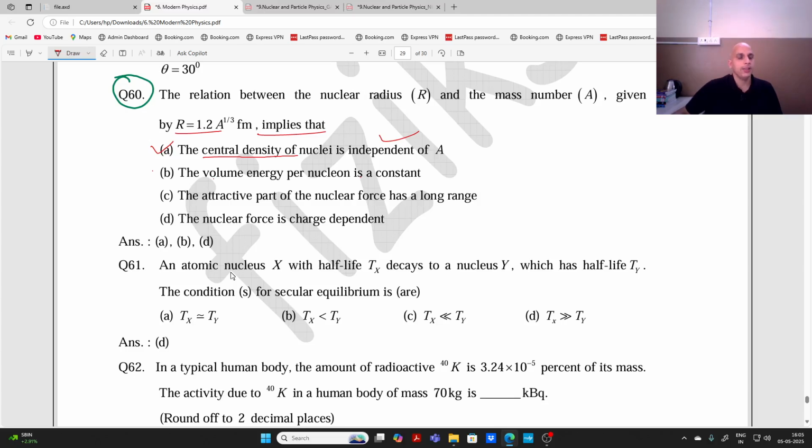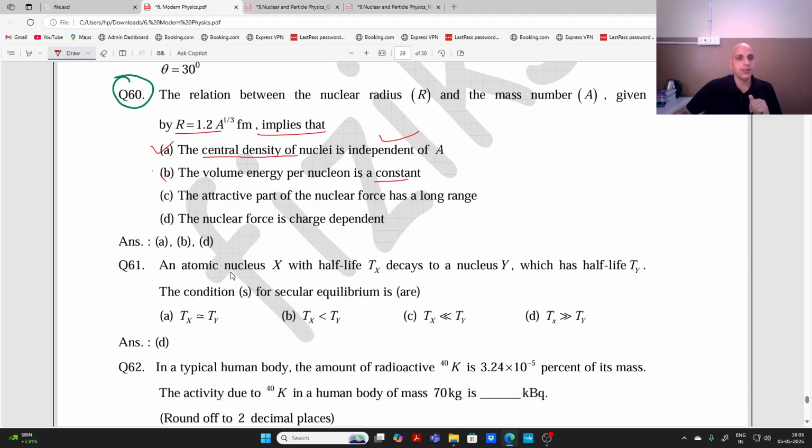I think it is wrong, because we will calculate the volume energy per nucleon in the coming lecture, when we discuss the second chapter on nuclear models. The volume energy per nucleon is not a constant, but depends upon the mass number.